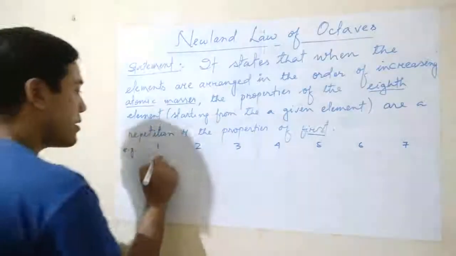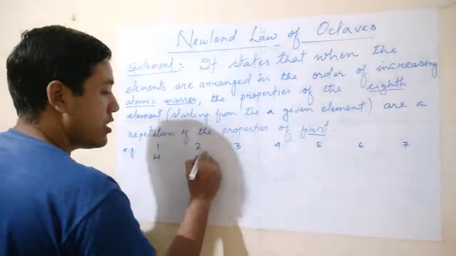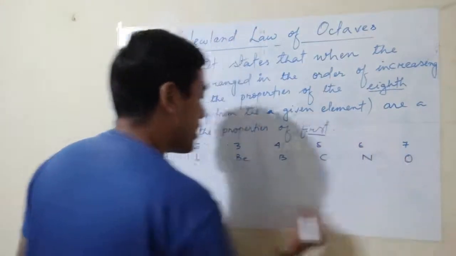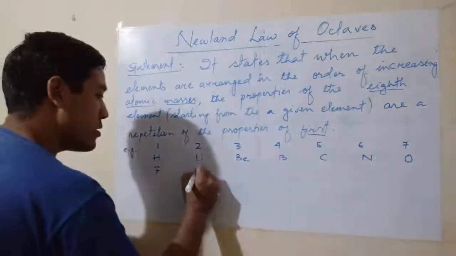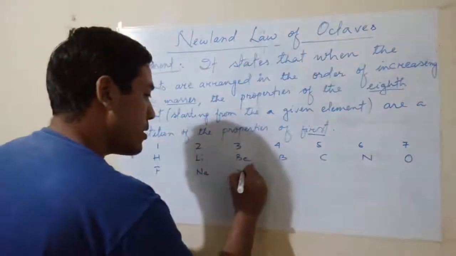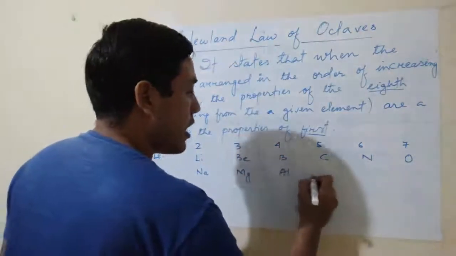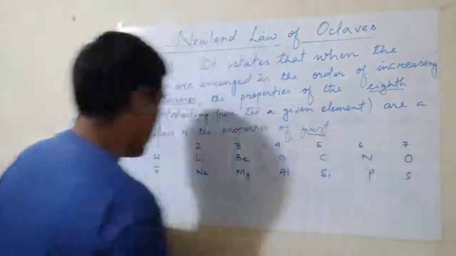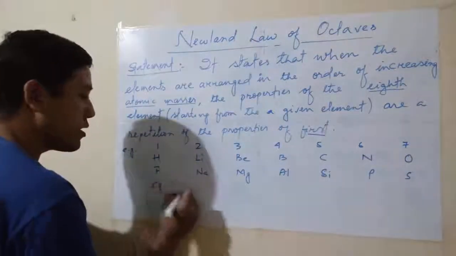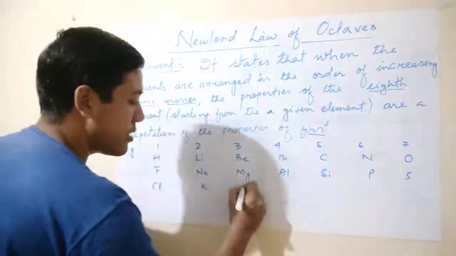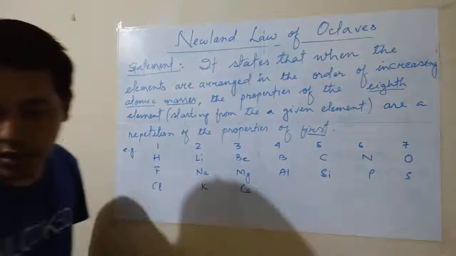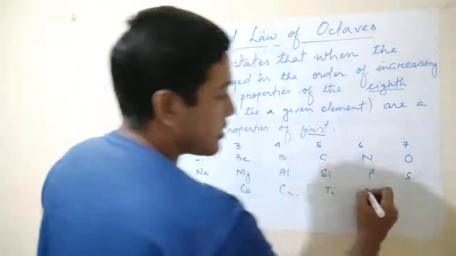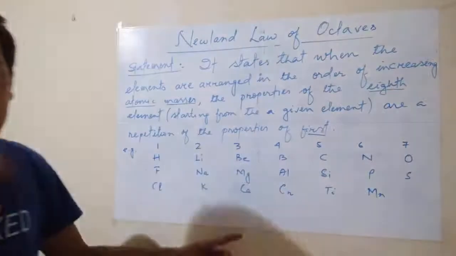Now look here: hydrogen, lithium, beryllium, boron, carbon, nitrogen, oxygen, fluorine, sodium, magnesium, aluminium, silicon, phosphorus, sulfur, then chlorine, then potassium, calcium, chromium, helium, manganese. These are some of the elements.